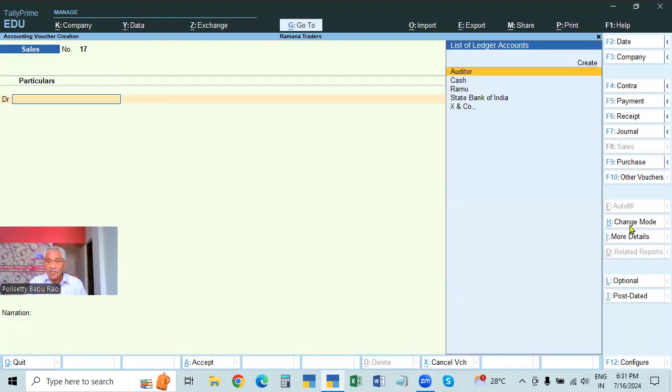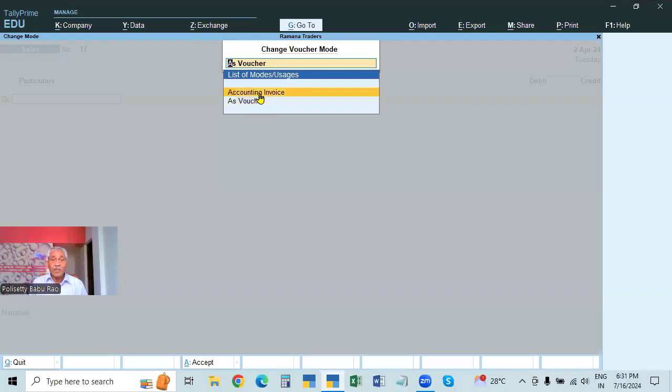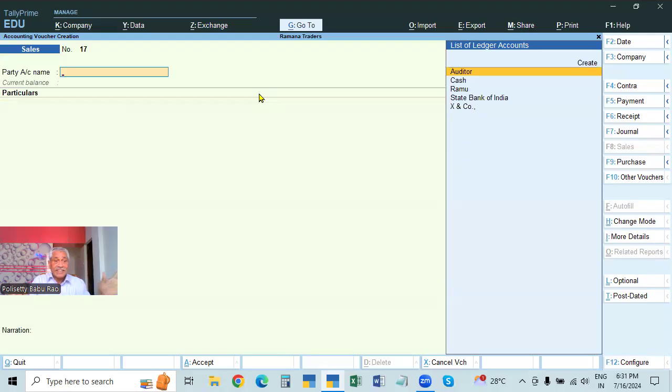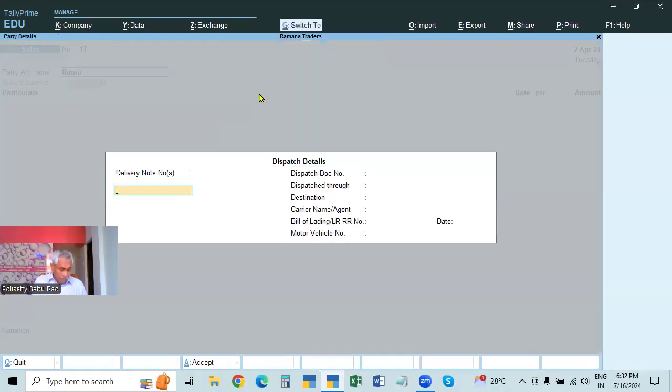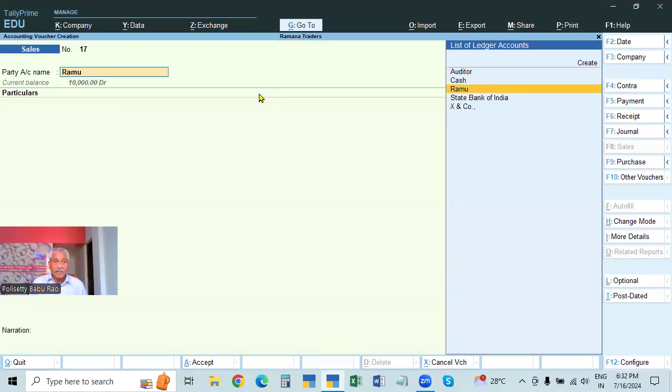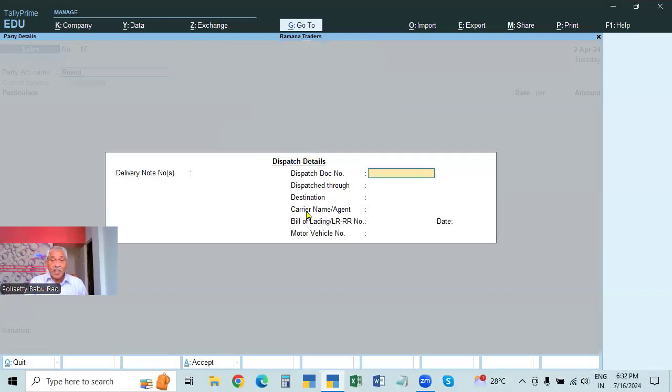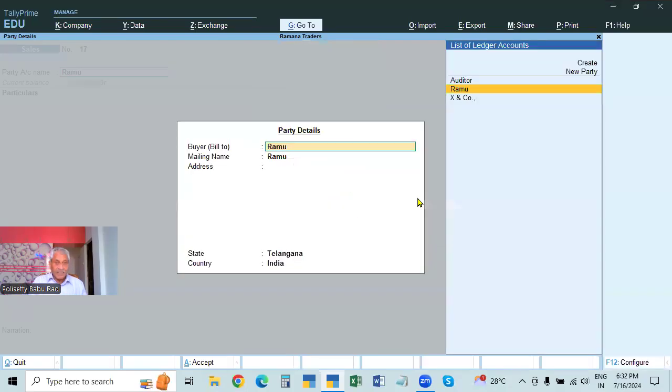That is as voucher. Now we will take it as accounting voucher because there are no details of the goods. So here, party name, who is the party, Ramu account. And here when you are selling, dispatch details. When you are purchasing, receipt details, we receive the goods. Now we are dispatching the goods. So we give a delivery note also, and how you send the goods, all the details. Accept.